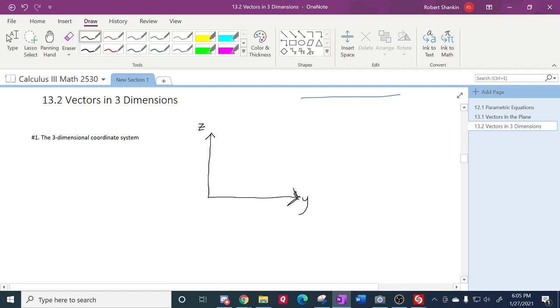Now the x-axis, you imagine it coming out of the board straight out at you in the audience. But we draw it with perspective here. We put it at an angle. We say this is the x-axis.